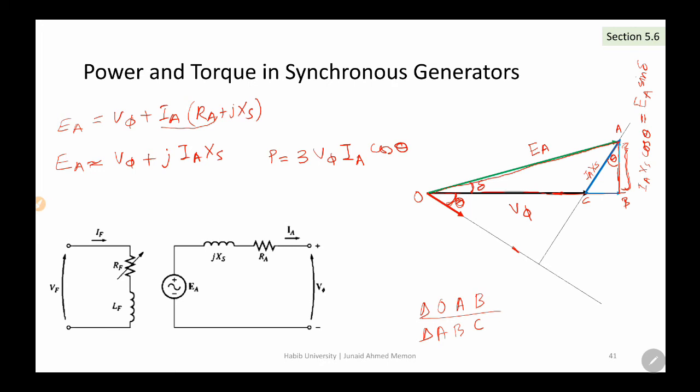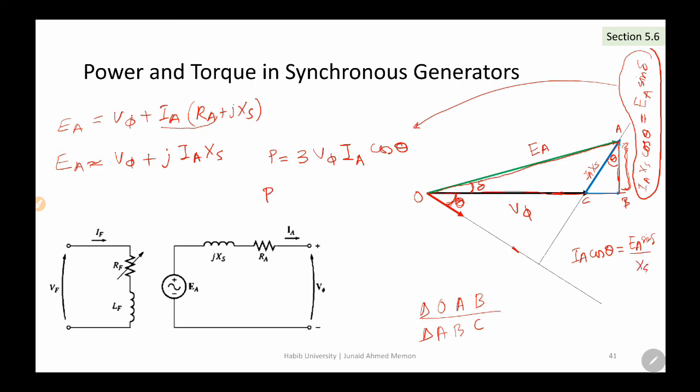So we can substitute this IA cos theta term from the previous expression: IA cos theta is equal to EA sine sigma divided by XS.